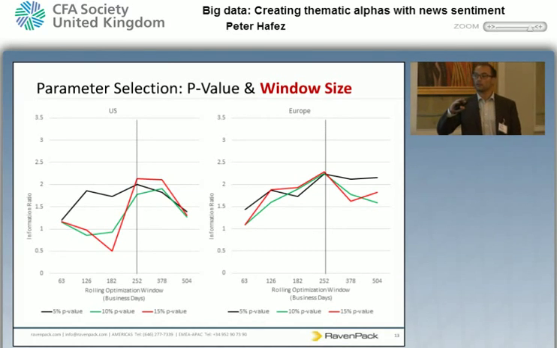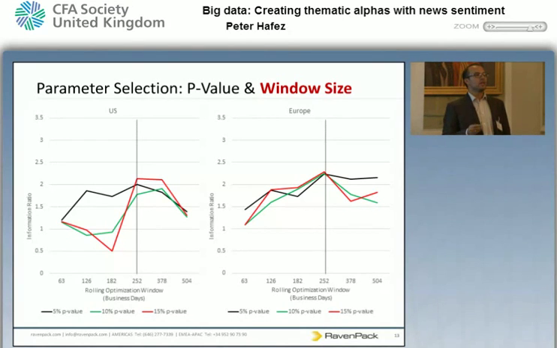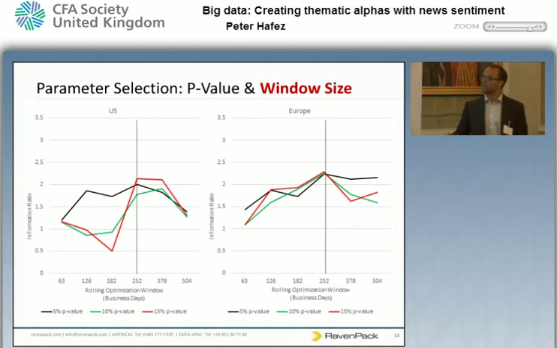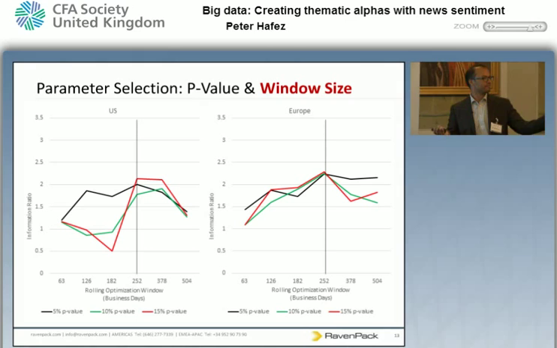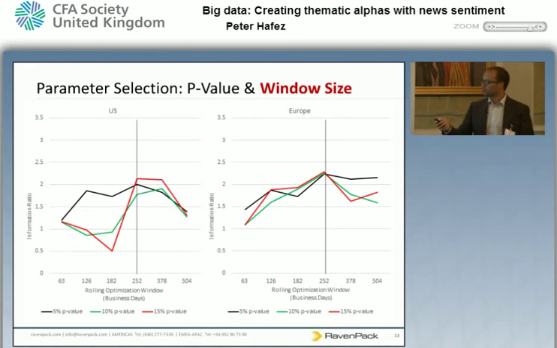Both in Europe and in the US, we found about 2 years. And I think it makes sense in that for small cap, there is a correlation between news volume and market cap. So larger companies obviously have more news about them than small caps, right? So in order to get enough data to say anything about statistical significance, you probably need to look back further, time-wise. So that's why I think it makes sense, 2 years.